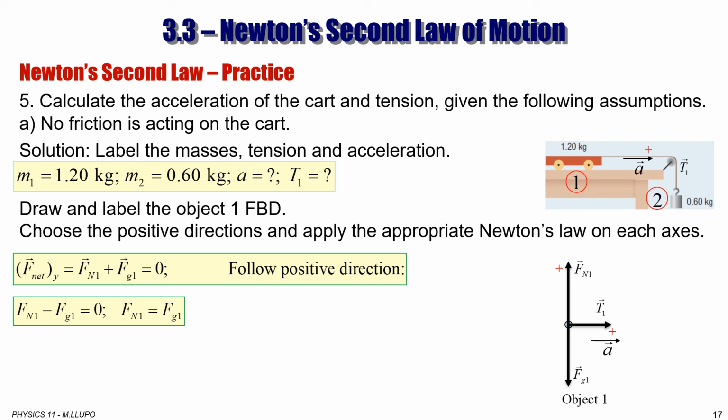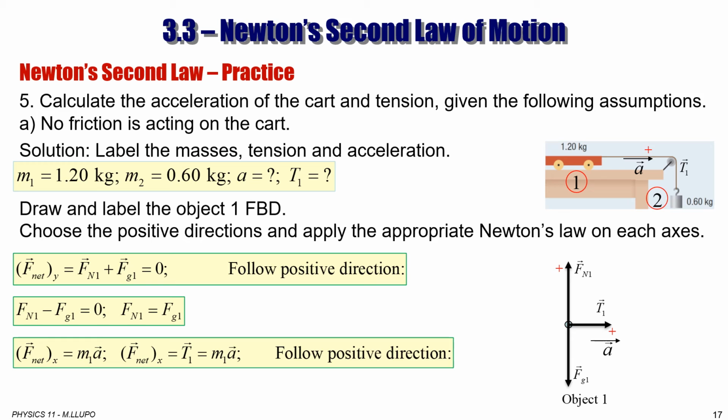Now we have Fn1 is equal to Fg1, and we're going to leave that here. However, when we study friction in chapter 4, we will use Fn. But for now, we're not going to calculate anything. Just leave it.